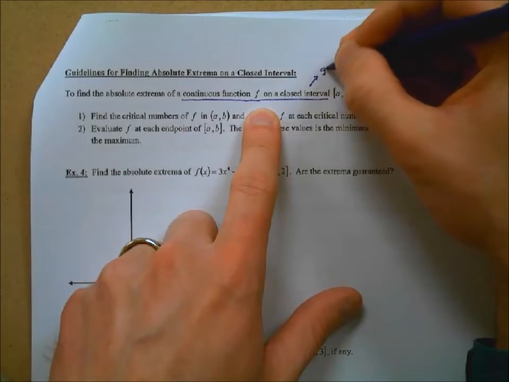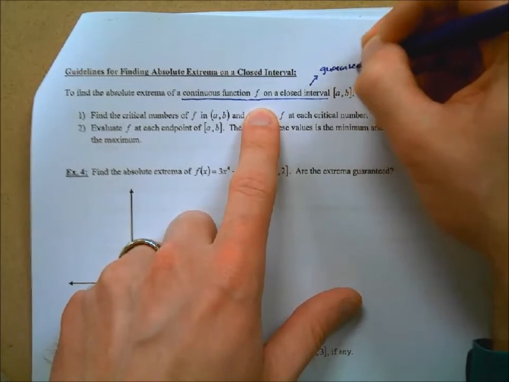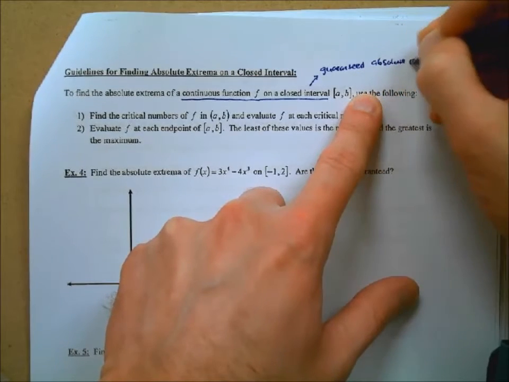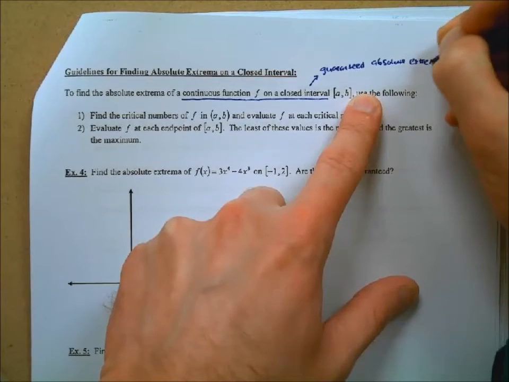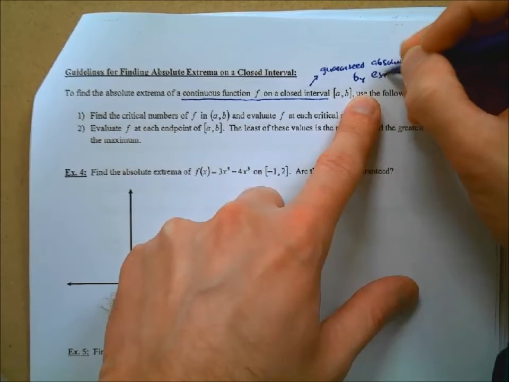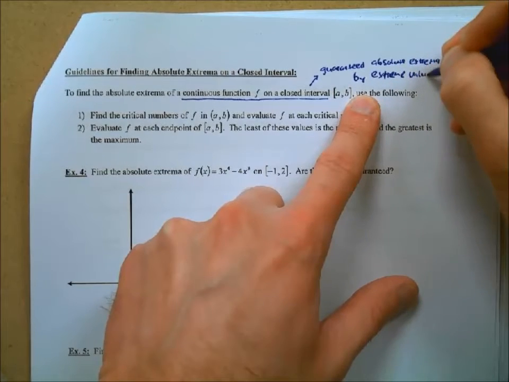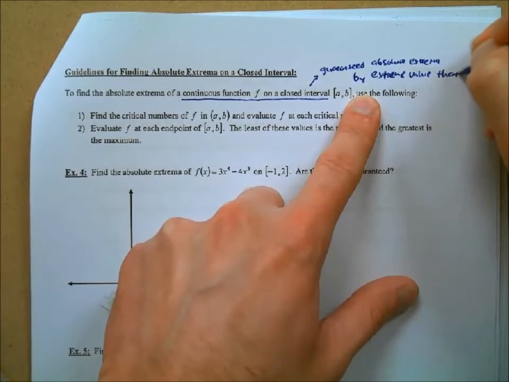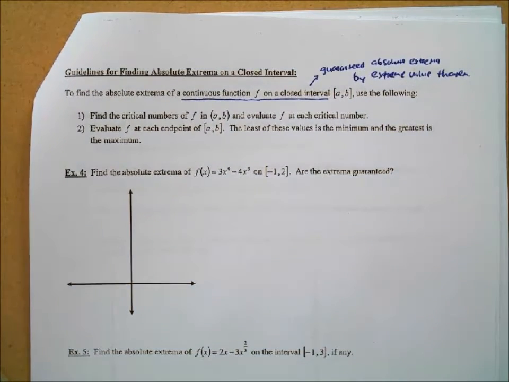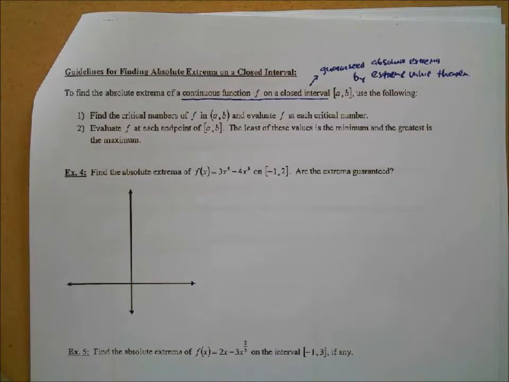We are guaranteed absolute extrema by extreme value theorem. That is the prerequisite: a continuous function on a closed interval. That means we're guaranteed absolute extrema, okay?